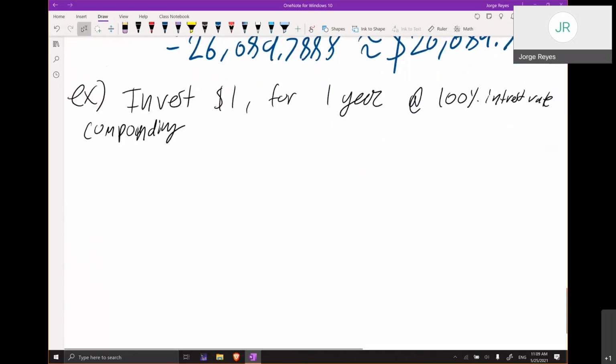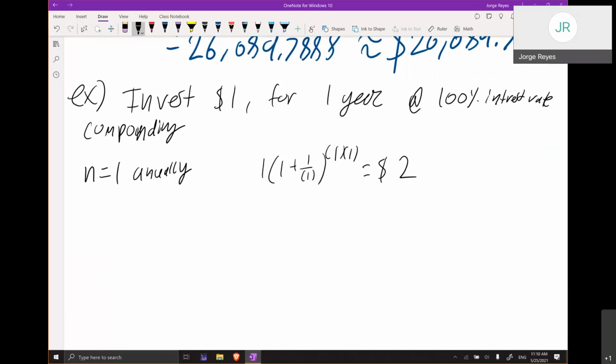So when I invest this into something that compounds annually, 1 times 1 plus 1, you get 2, which is actually simple. If I invest $1 for 1 year at 100%, and it only compounds once, that means by the end of the year I have $2, which is not exciting.